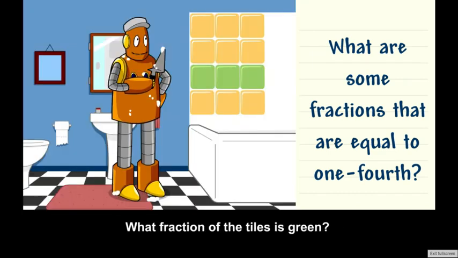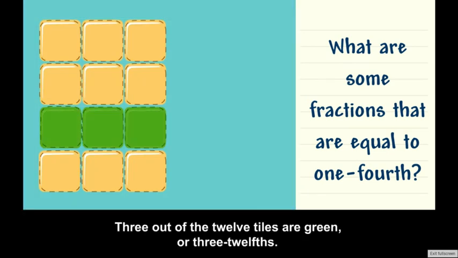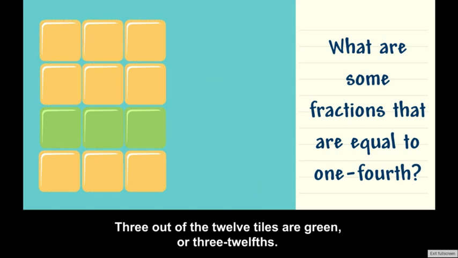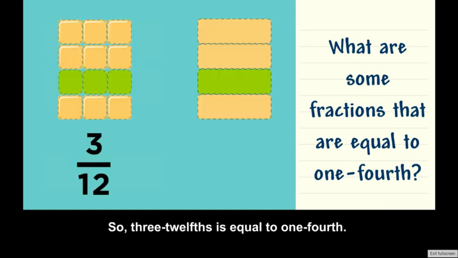What fraction of the tiles is green? 3 out of the 12 tiles are green, or 3/12. You can also see that 1/4 of the tiles are green, so 3/12 is equal to 1/4.